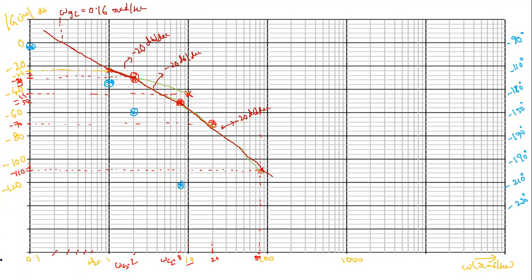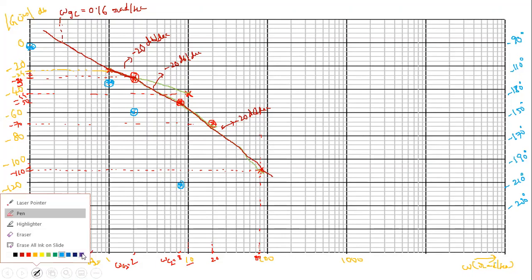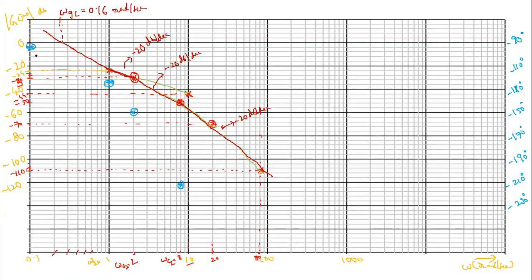Now we will join these points. Okay, phase plot is done. Now identify this omega PC, phase crossover frequency.